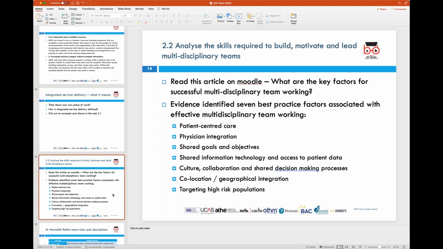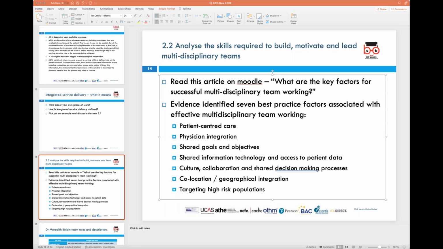Now, what I would suggest is that you go through this particular article, which is uploaded on Moodle, and which talks about what the key factors are which make MDTs successful.